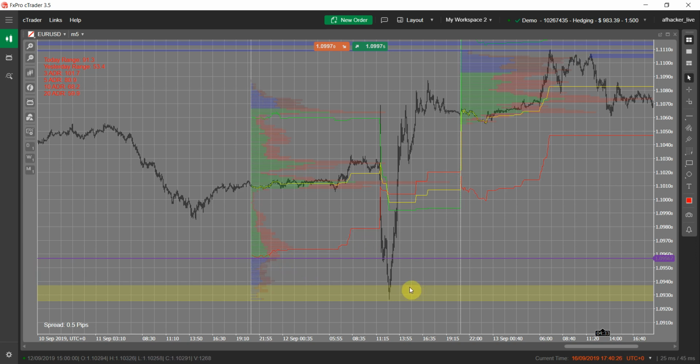When price goes out of the value area, that's the time that price may reverse back, and that's a very good time for us to bet on the reversal and enter a trade. But that's not enough for us. The third rule must be met, and the third rule is touching a zone.